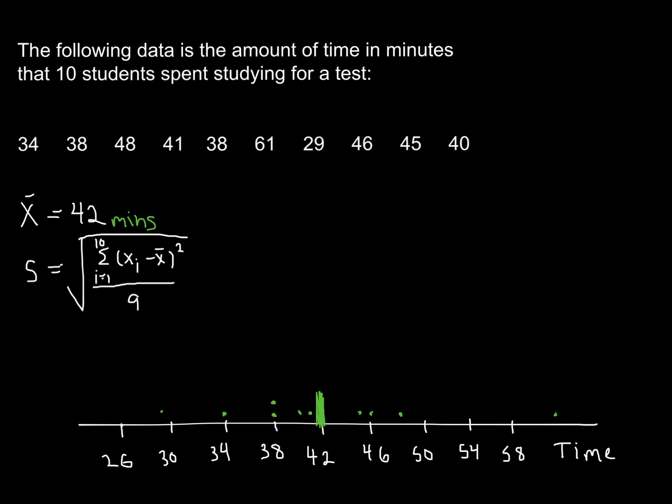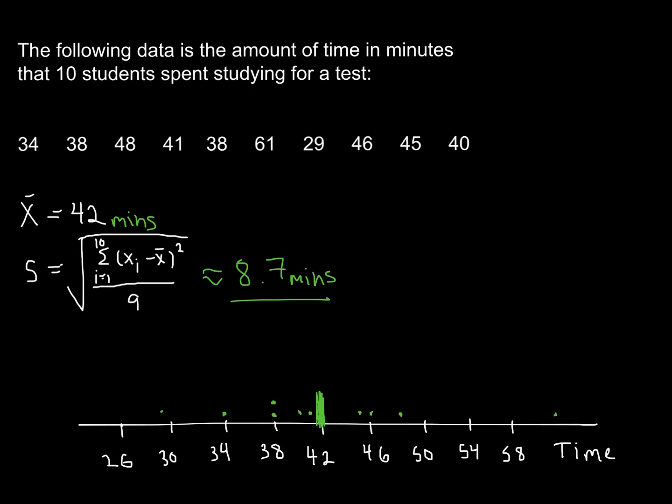Okay? So I went through and actually did that. You can do this again, and what you'll find is that this is approximately 8.7. Okay? 8.7 minutes. So what does that mean? What does it mean to say that the standard deviation is 8.7 minutes? What this means is that on average, the data points are 8.7 minutes off of 42 minutes, which is the mean.